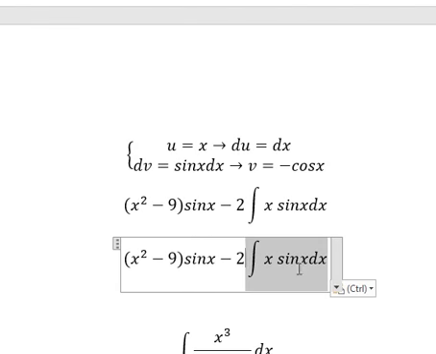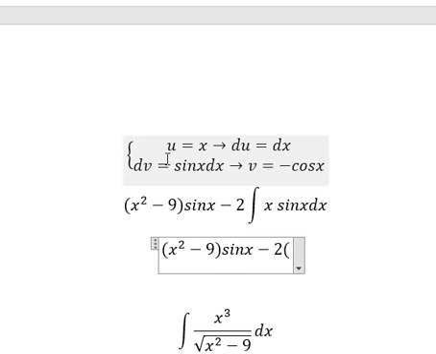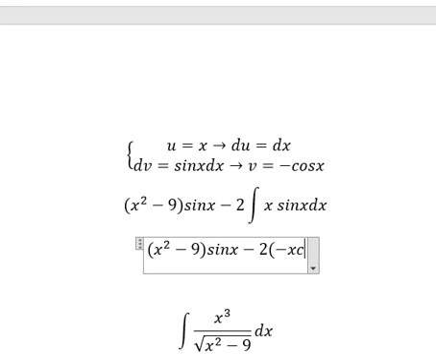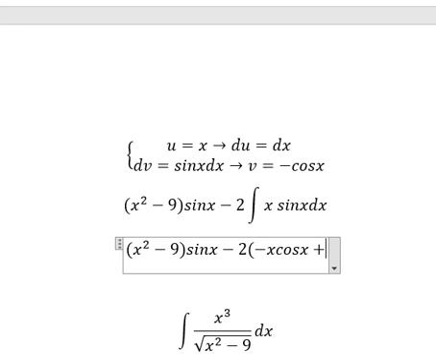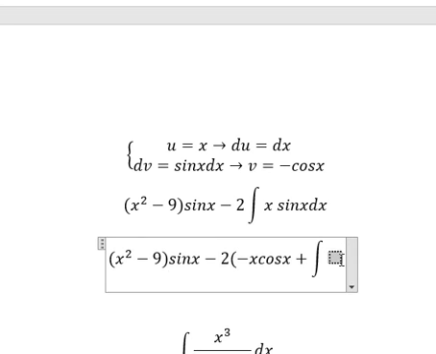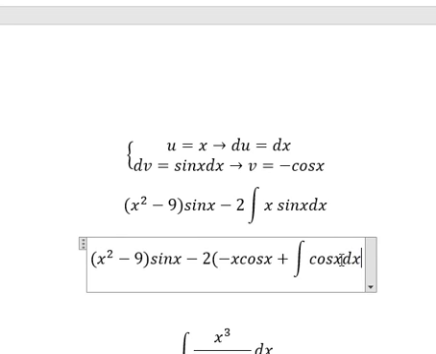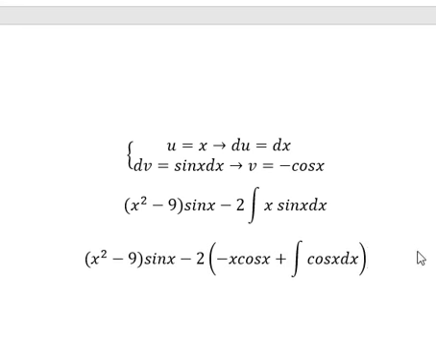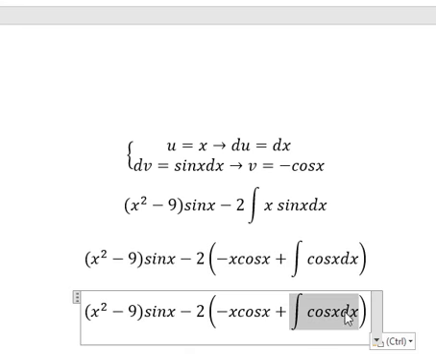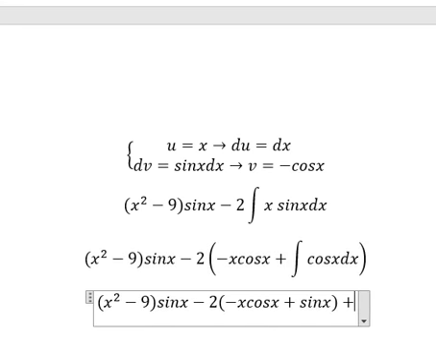So we have u multiplied by v, so we have negative s cosine s. Because we have the negative sign in here, so we have positive, and we have the integration of cosine s ds. The integration of cosine s, we have sine s, and we put plus c.